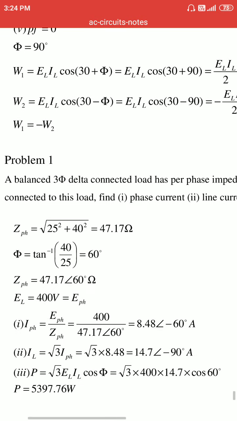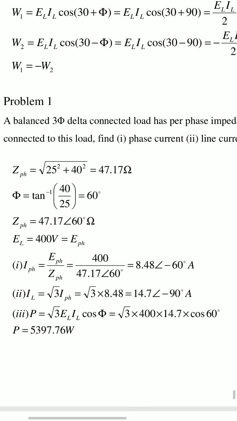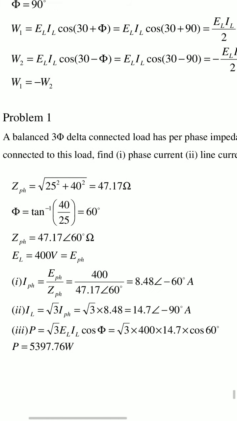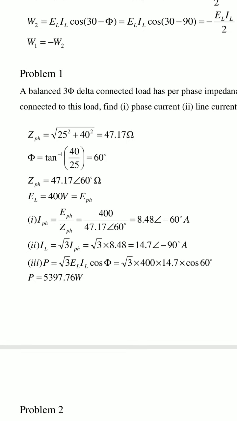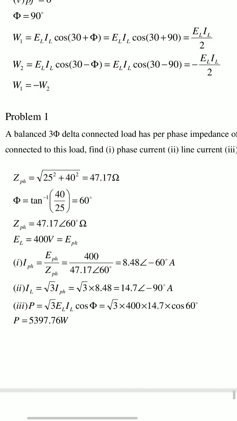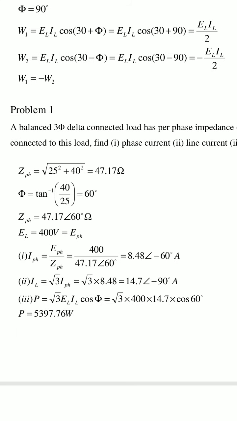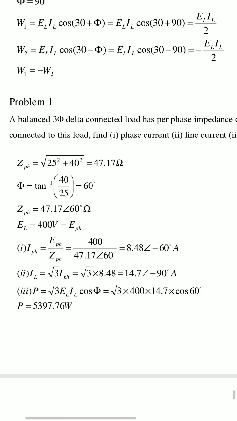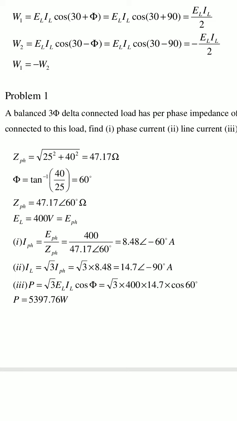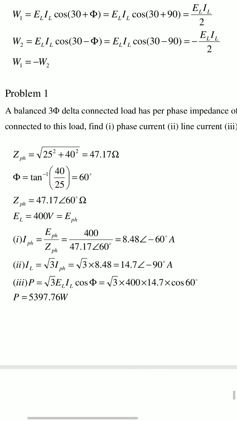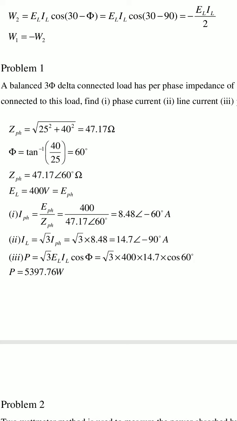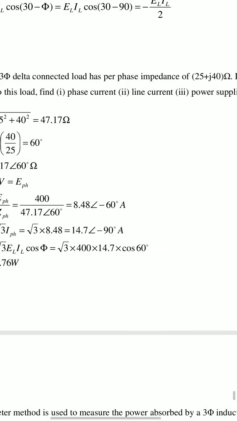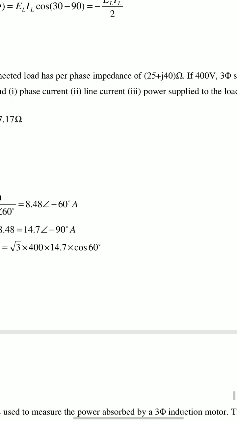Now let us go for one problem. A balanced three-phase delta connected load has a phase impedance of 25 plus j40 ohms.